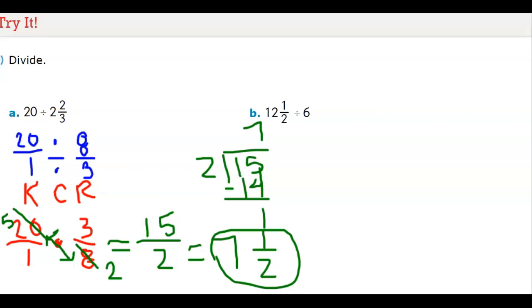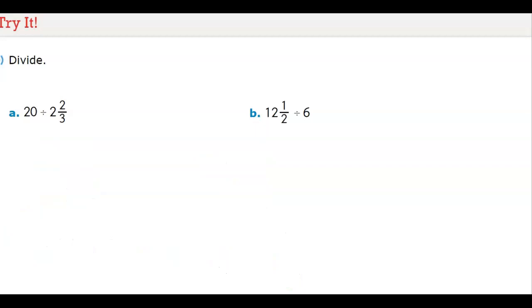Now let's take a look at B. 12 and a half divided by 6. We need to make sure our 12 and a half becomes an improper fraction. So 12 times 2 is 24 plus 1 is 25. So we have 25 over 2 divided by 6, which is going to be 6 over 1 because it now needs to be a fraction.